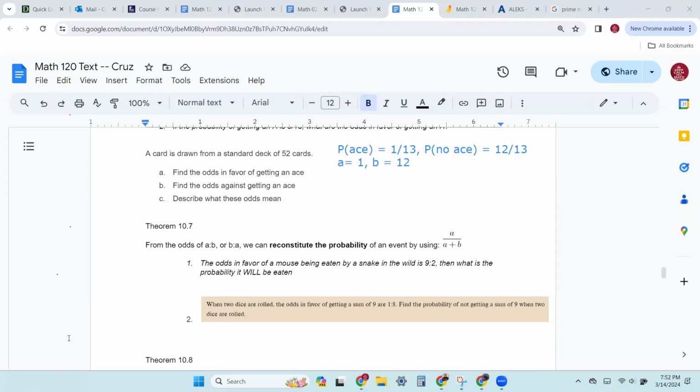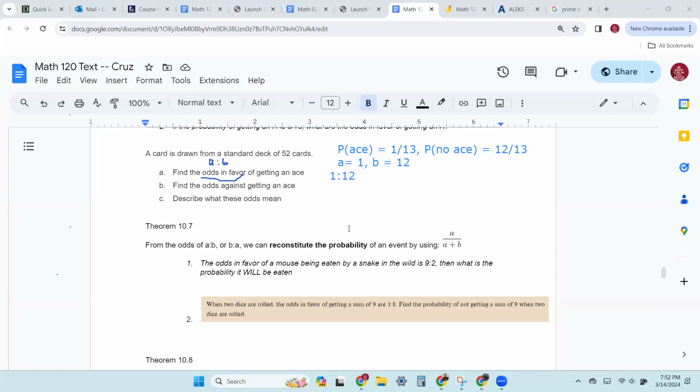All right. So this is odds in favor. So this is going to be A to B, which is here 1 to 12.